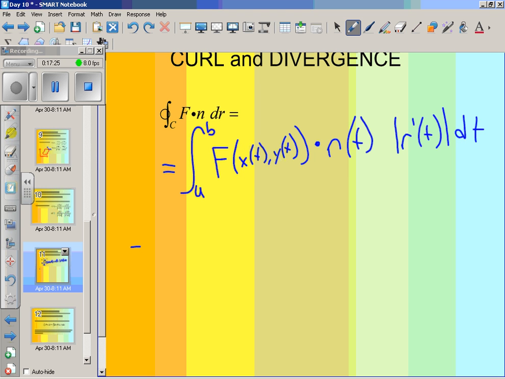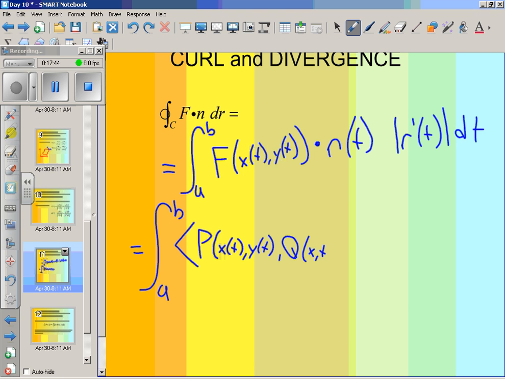Okay, and so I'm going to write out what the vector is going to look like. So F is going to be the vector P of x of t, y of t, Q of x of t, y of t, and then 0.